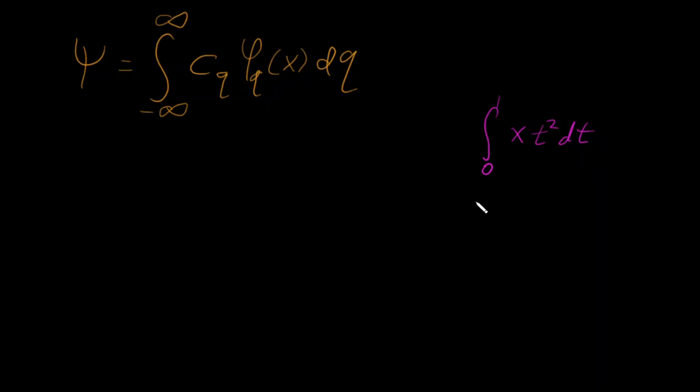So it can be taken out: x times the integral from 0 to 1 of t squared dt, which is x times t cubed over 3 from 0 to 1. Plugging in, 1 cubed over 3 is 1/3, and 0 cubed is 0, so this is 1/3 x.